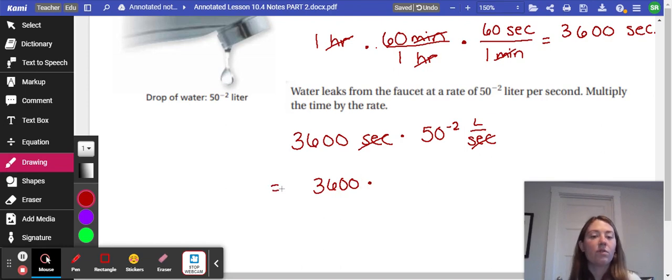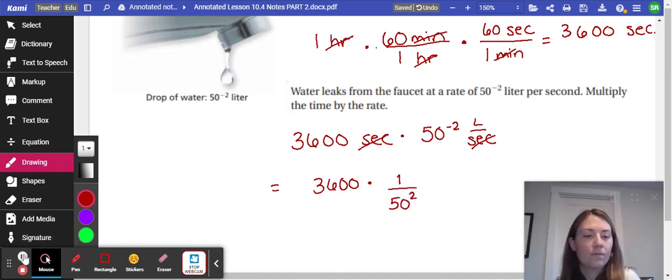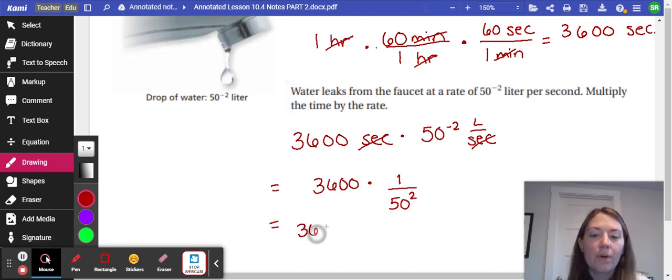Now, in order to do this, I want to rewrite this 50 to the power of -2 with a positive exponent. So to do that, I need to make the exponent positive and flip it. It becomes 1 over 50 squared. All that's left to do here is evaluate this power.